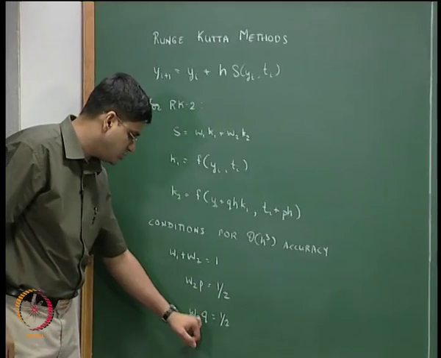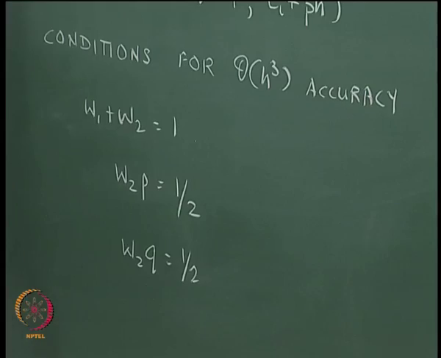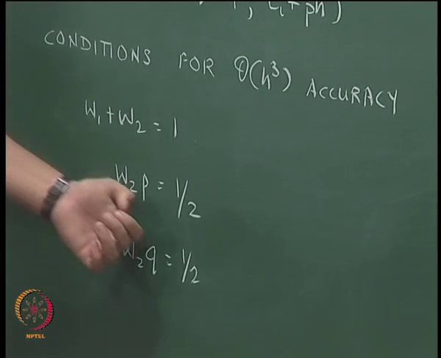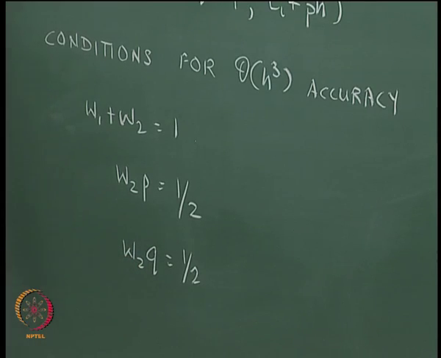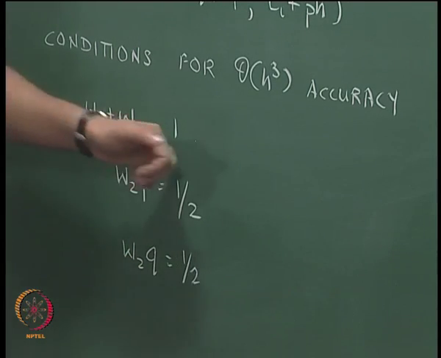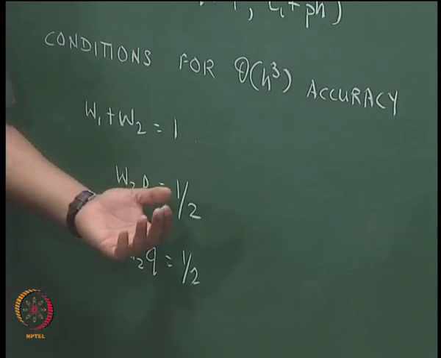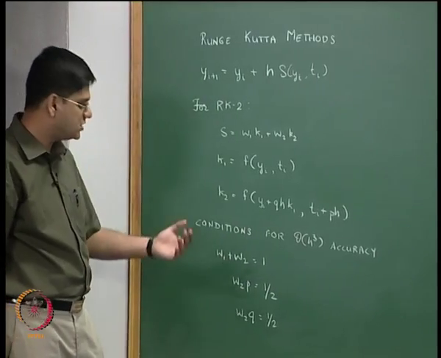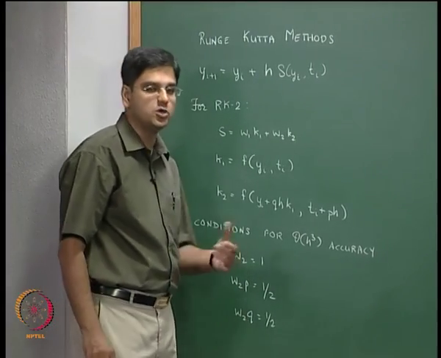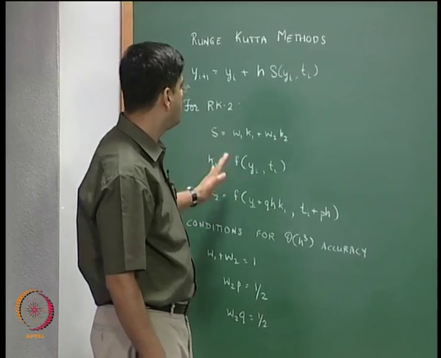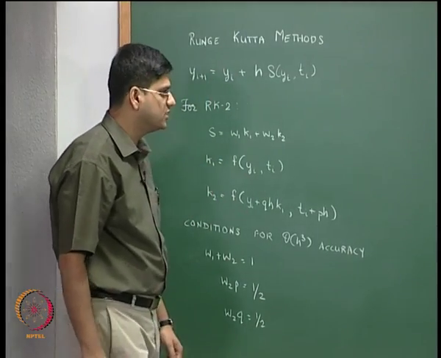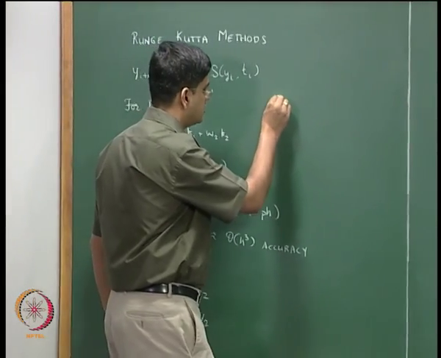And based on these equations we said that p equal to q is one equation, w1 plus w2 equal to 1 is the other equation, and w2 p equal to half can be the third equation. So p equal to q is one of the things that we obtain in the second order RK2 method.